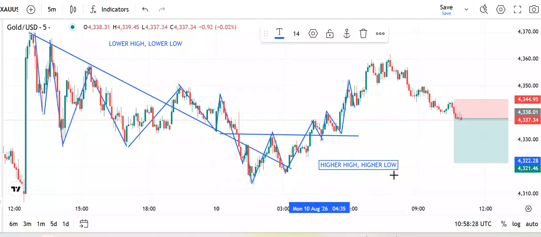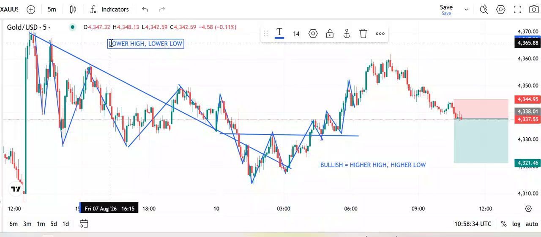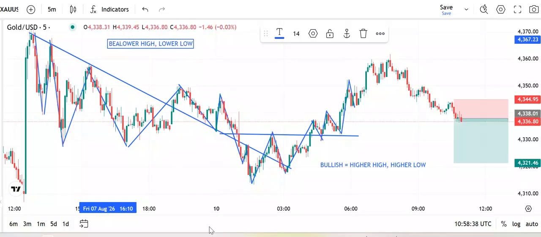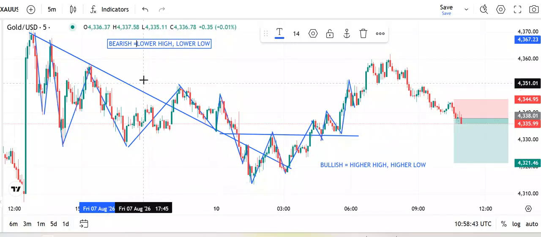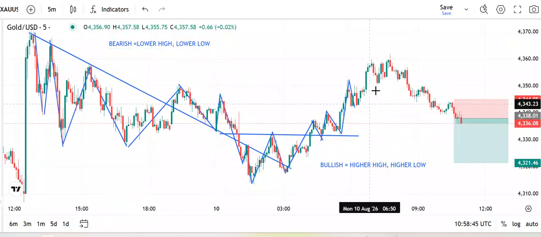Price going bullish. Okay. Yeah, price went bearish here. Downtrend. Now price going bullish. Uptrend at this particular point.